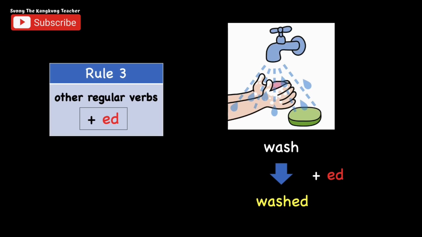Let's move on to the next one. Take a look at this verb. This is very good. This is kick. Let's take a look at this verb very carefully. Is this verb ending with an E? No. Is this verb ending with a Y?